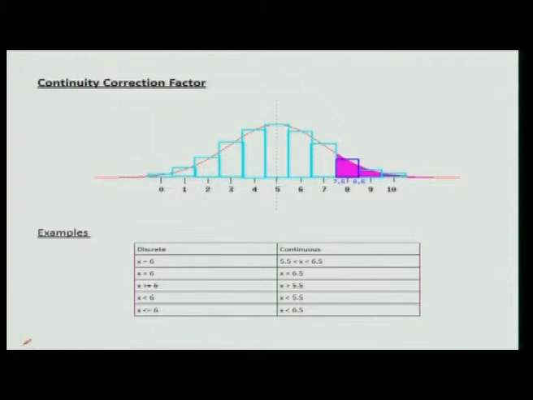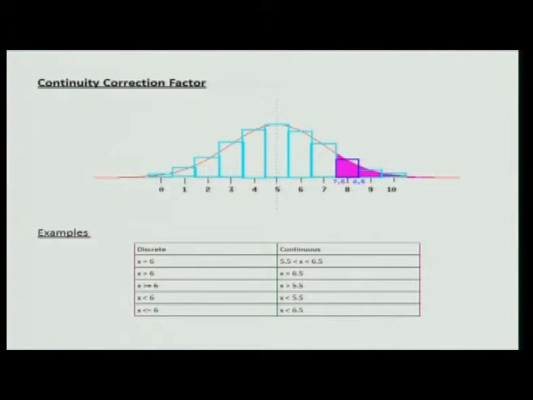What we are saying here is that if you are asking for the probability x greater than 7, this is the shaded portion that you are looking for. If x is greater than 7, that means x is greater than or equal to 8.